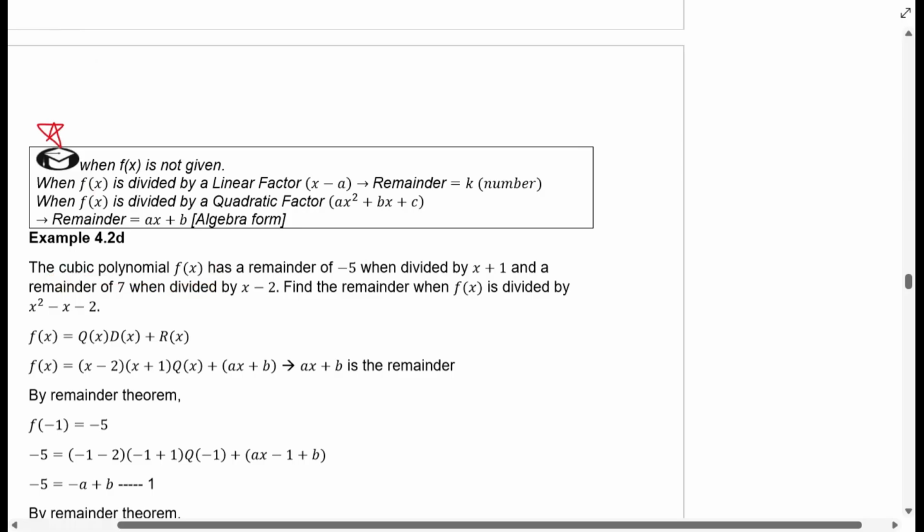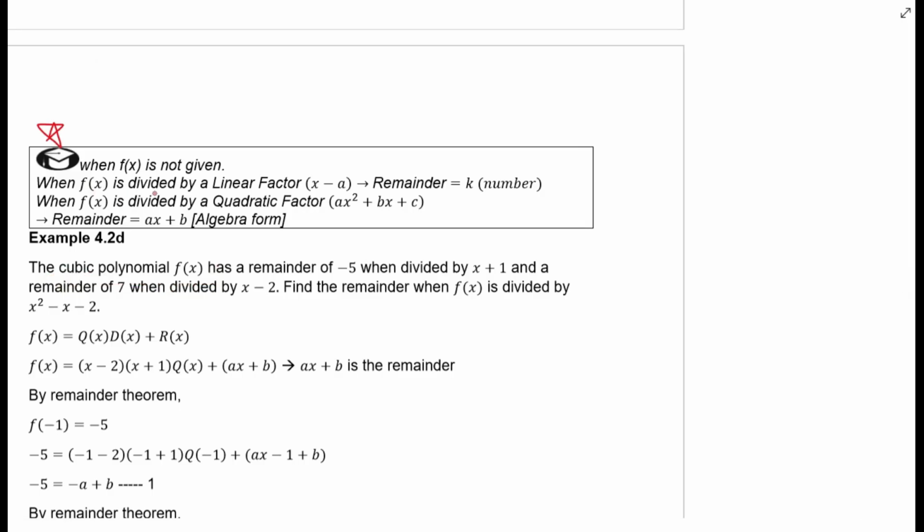So please take note that when f(x) is divided by a linear factor, which means your power of x is 1, your remainder is equals to k, which is a constant number. However, when f(x) is divided by a quadratic factor, so the highest power of x is 2, like x squared, your remainder will be ax plus b.